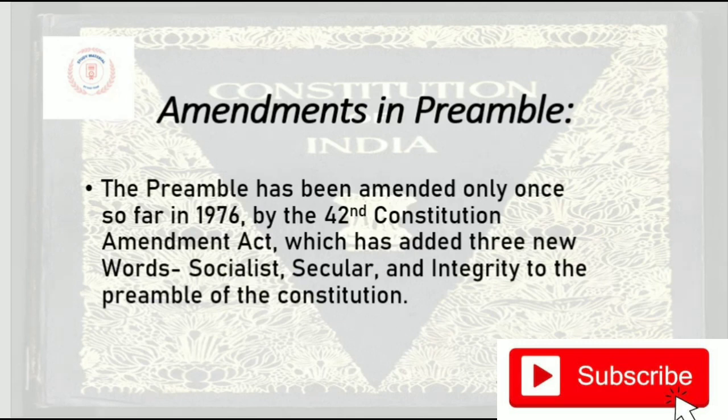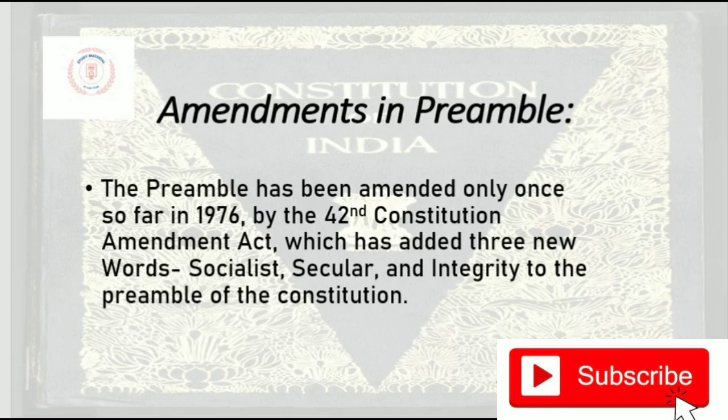And in the 1973 Kesavananda Bharati case, the Supreme Court of India had accepted that the preamble is a part of the constitution, and if it is a part of the constitution, then it can be amended. Now the next question that arises is whether the preamble has been amended in history.